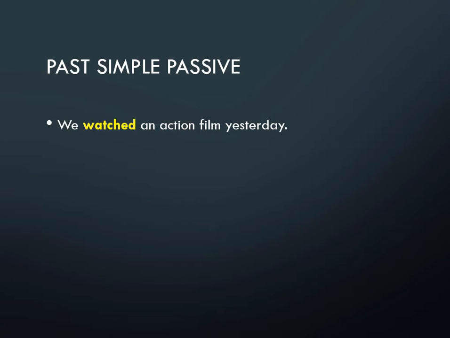Okay, what is the structure of this sentence? Let's look. This sentence is in the active voice. The subject is at the beginning, then the verb, and after that, the object. How can we form a verb in the past simple?